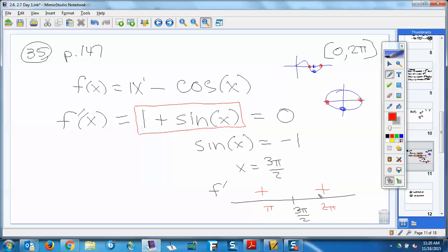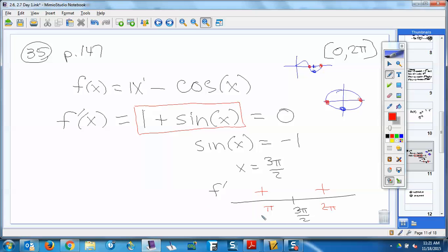Find the max and min values. Tomorrow we're going to talk more about global max and min, because we haven't talked much about that. We're going to talk about local max and min. We don't have any local max and mins here, do we? All we got is a flat spot, right? But it says, where would there be max and min values on the interval 0 to pi?